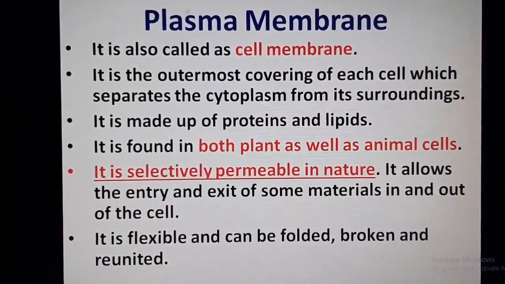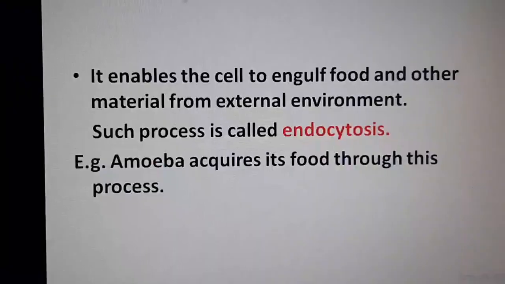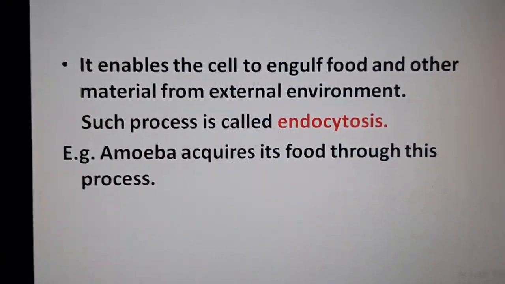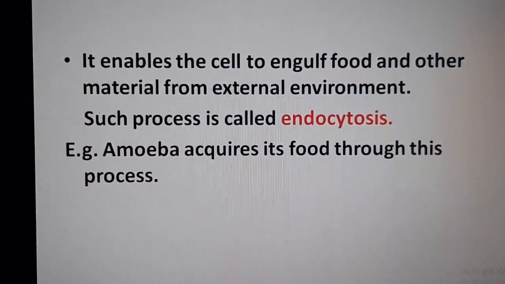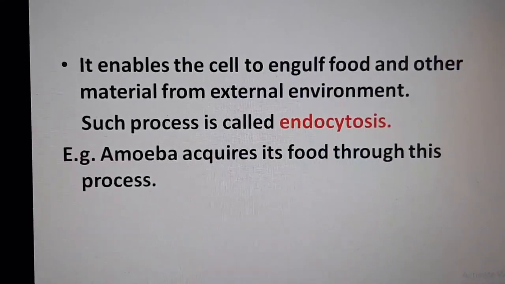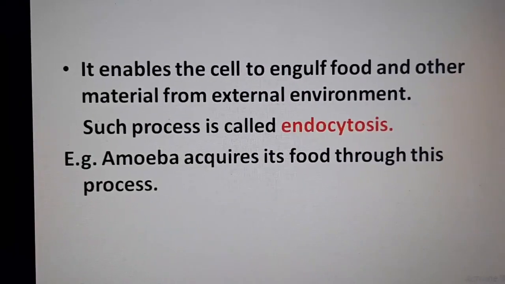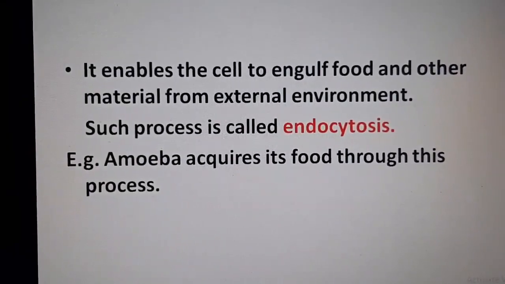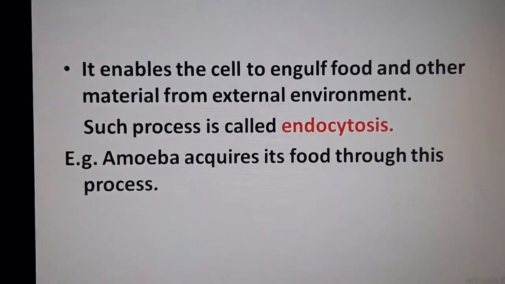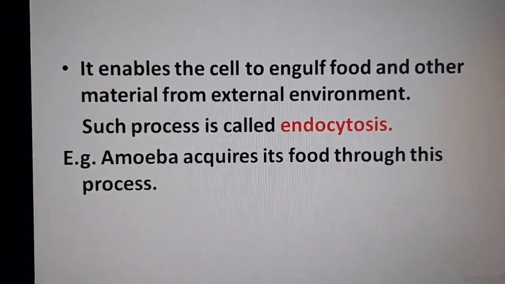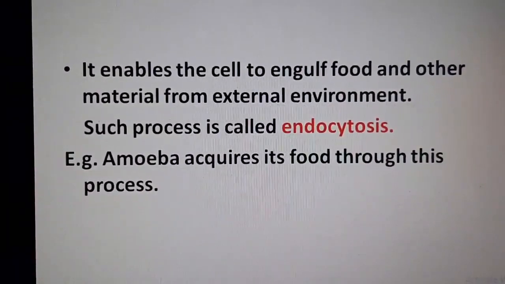Now what are the functions of the plasma membrane? Here's one more thing. The plasma membrane enables the cell to engulf food and other materials from the external environment. Suppose food is present outside. The plasma membrane is the only component of the cell that helps to engulf the food.